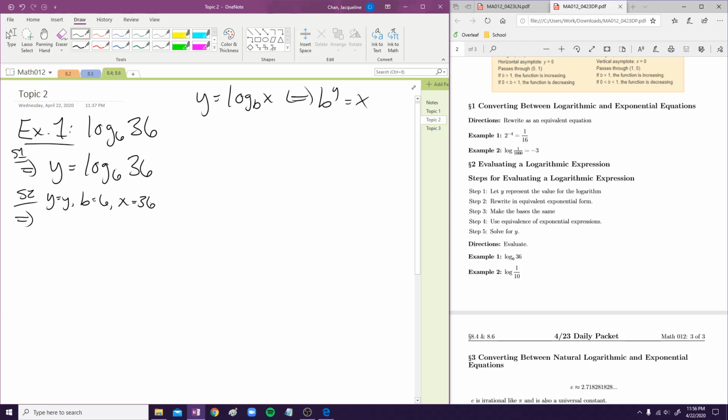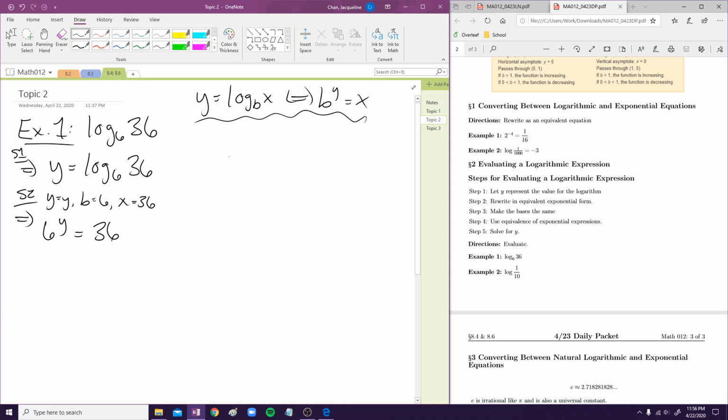If you need to write the values, go right ahead. It's just whatever helps you. But if you want, you can just go straight to 6 to the y is equal to 36. If not, just use the values and plug them in to what it's equivalent to. So you just have to know this.